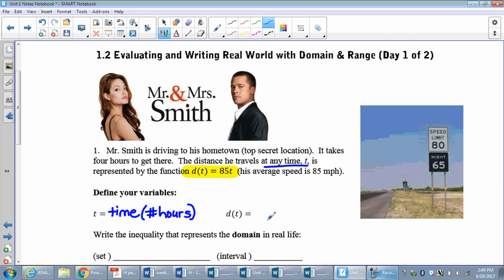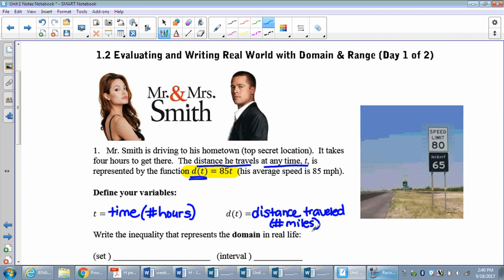And then d of t represents, if we back up a step, we'll be able to see what this represents. If I reread, it says distance he travels is represented by this. So d of t represents the distance he travels. So distance traveled. And we're measuring distance in number of miles.